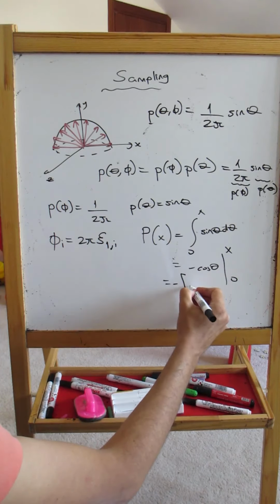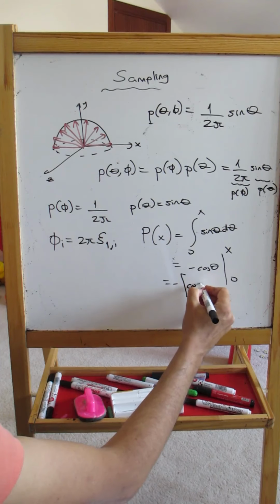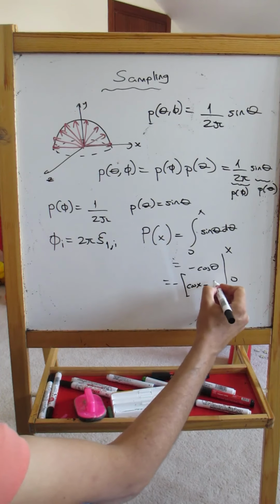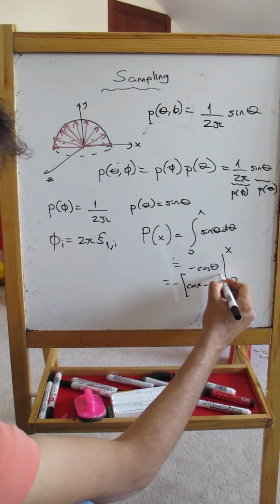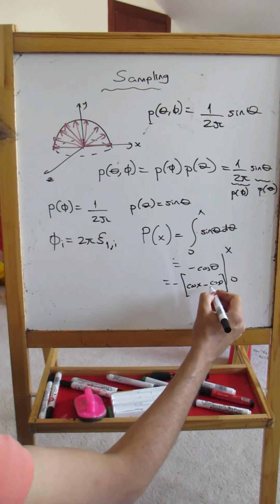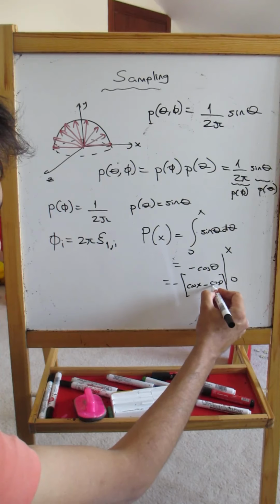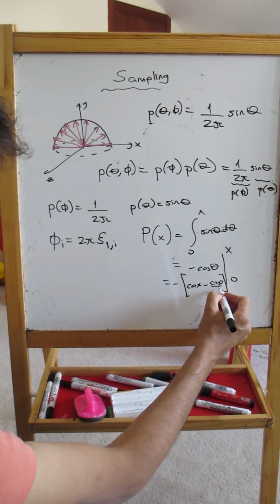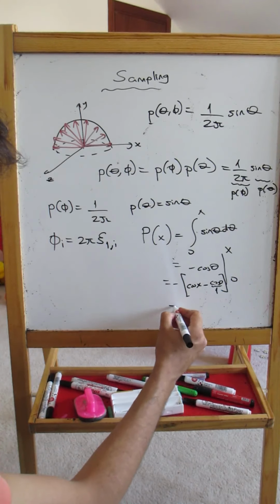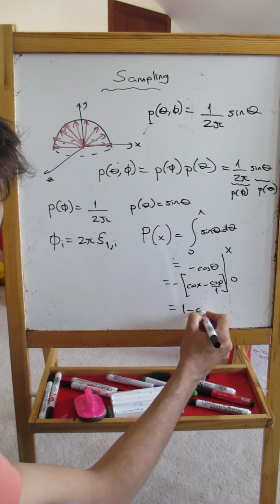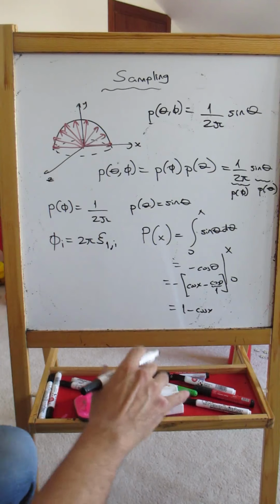Let's write it as follows: minus cos x minus cos 0. What is this equal to? cos 0 is equal to 1, right? So this is equal to 1 minus cosine x.